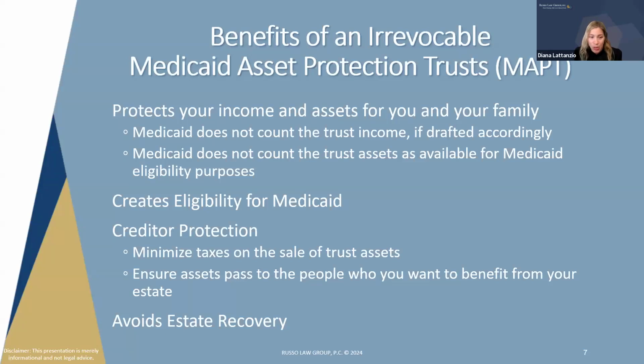It has so many benefits, but some of them are basically to protect any income that is generated from the trust so that the income is not used against you in a Medicaid budget if you are applying for long-term care. And also the principal in the trust, if you're funding it with significant assets.